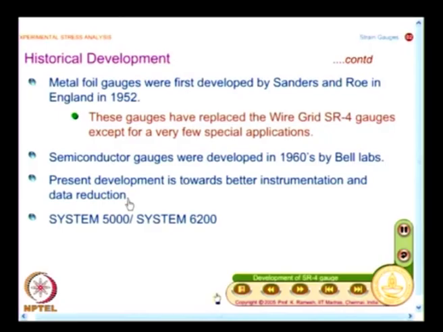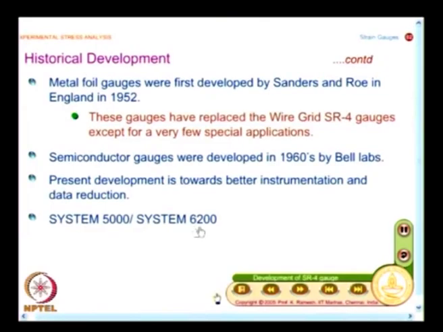So, as the technology is advancing, more refinements come into place. With computer technology, I can handle 1000 channels comfortably now, which was not possible earlier. You may have a few channels to start with, and you can also go for dynamic strain measurement. All that is because of advancements in electronics.